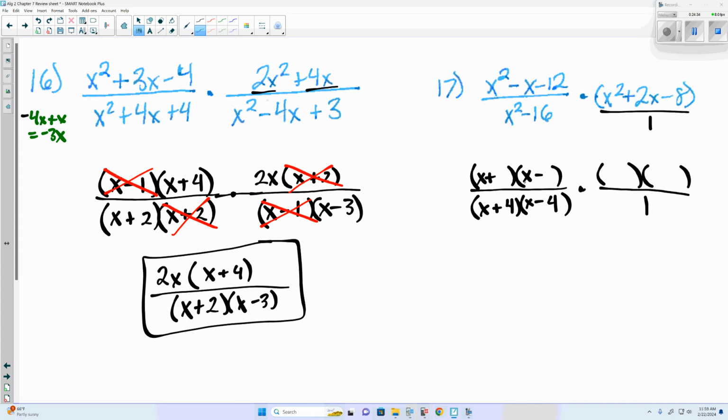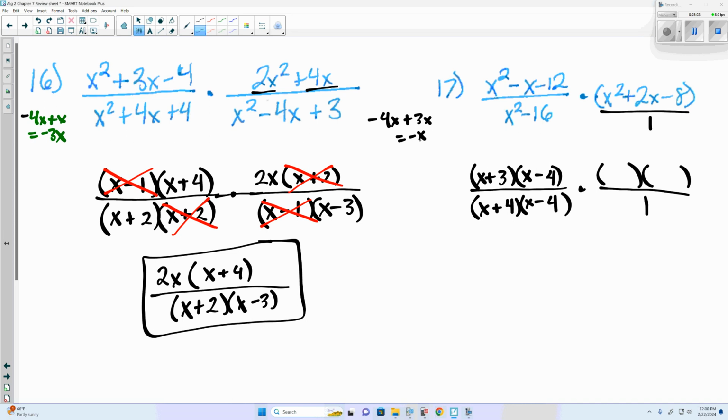Now factors of 12 are 1 and 12, 2 and 6, 3 and 4. Now since the middle term is negative, we'll probably want the bigger number to be negative. And it does work out here that x plus 3 times x minus 4 does give us the correct answer. If we wanted to check, we could do that by distributing out. x times negative 4, negative 4x. 3 times x is plus 3x, giving us our negative x middle term.